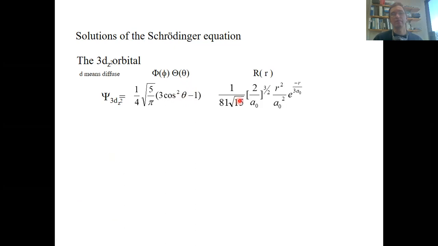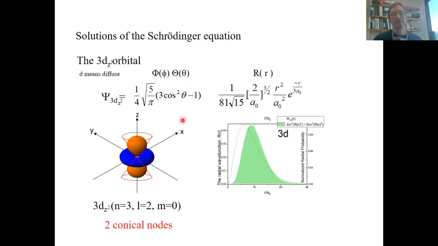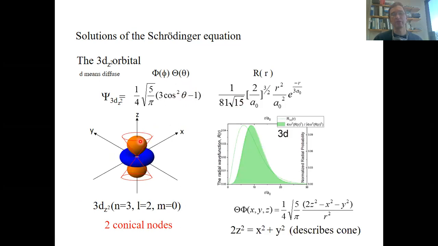And we then saw that in this case, we actually have two conical nodes, because when we transform the angular part of the wave function from polar coordinates to Cartesian coordinates, this part of the wave function is a function of 2z squared minus x squared minus y squared, and that describes, well, the cone. Okay, so that explains the characteristic shape of the 3dz squared orbital.